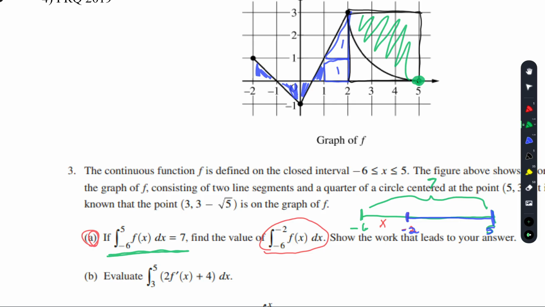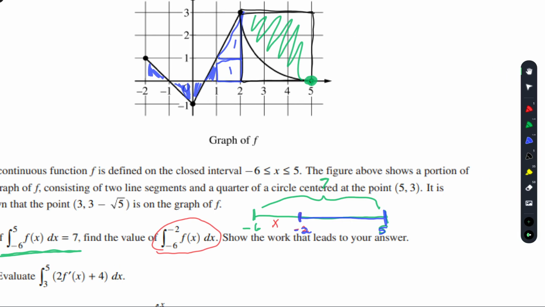This is the center of the circle. So you're not going to use that point. Well, you did to know that's a circle with the radius 3, but otherwise you didn't need it.